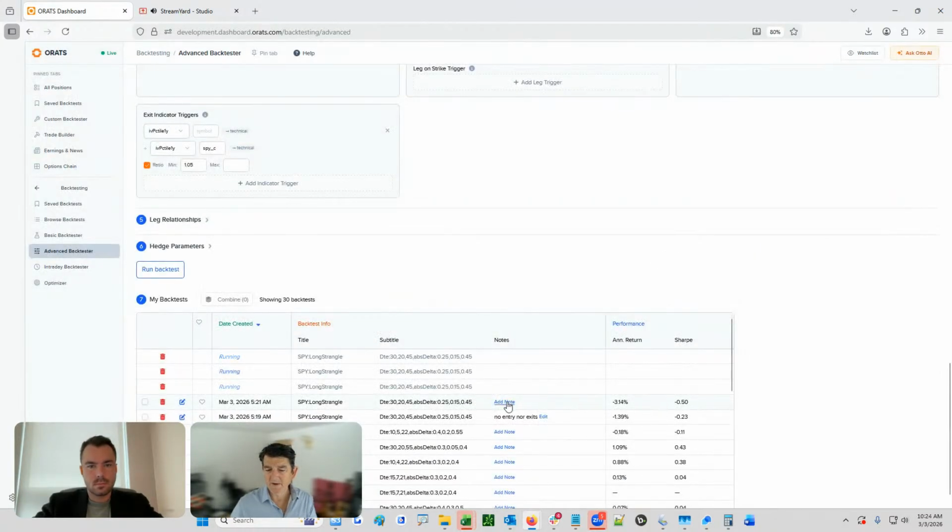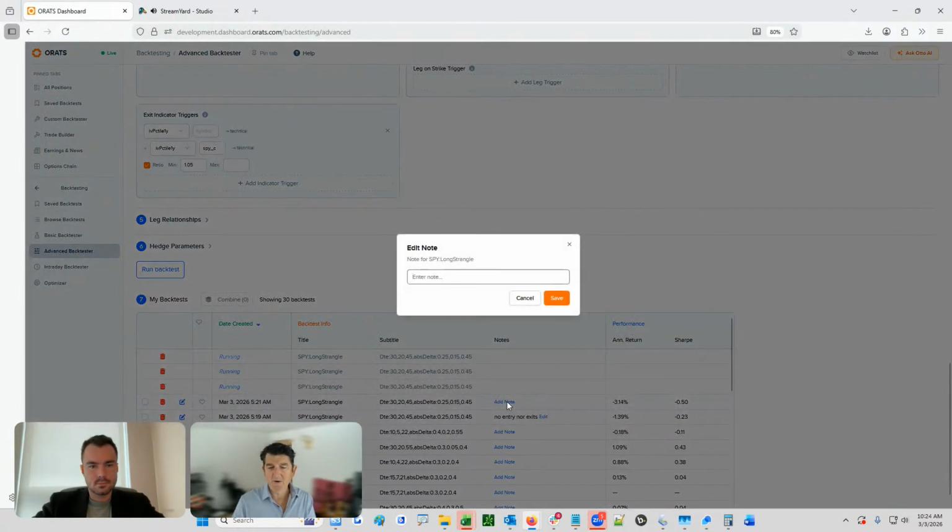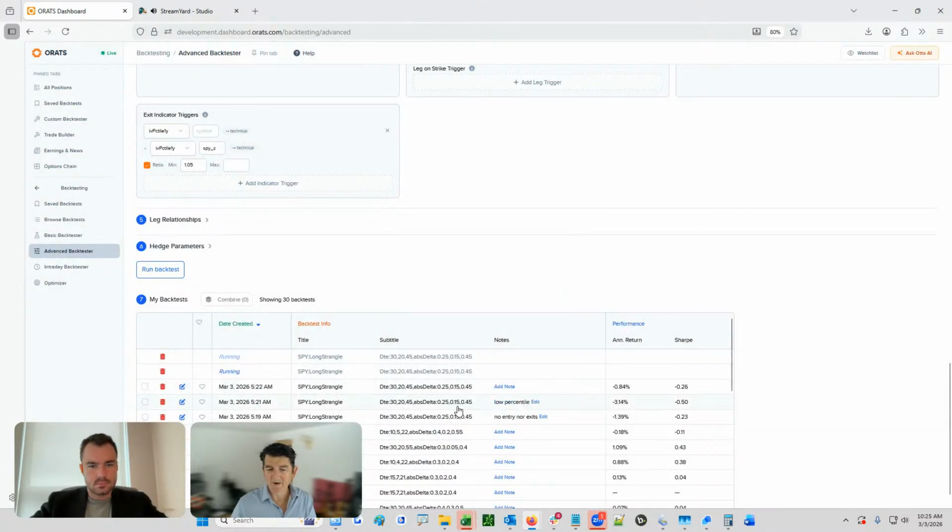This is the low percentile, right? So the problem with this is I can't remember what it is. I think we did a ratio on that one.